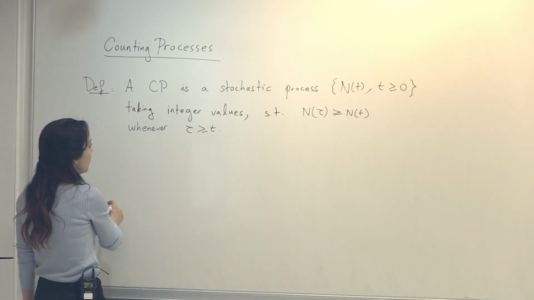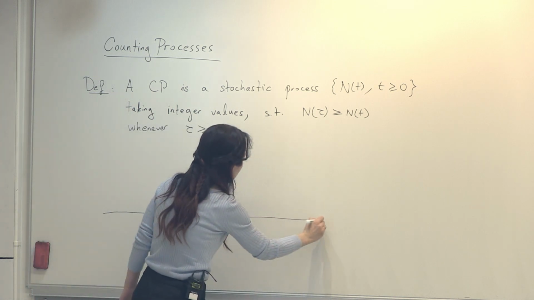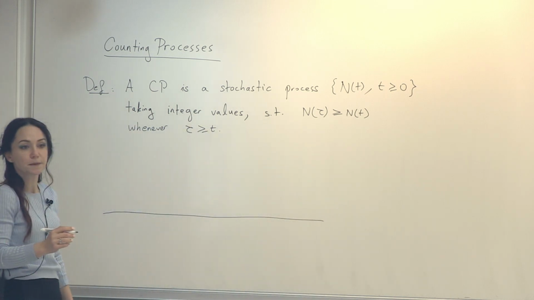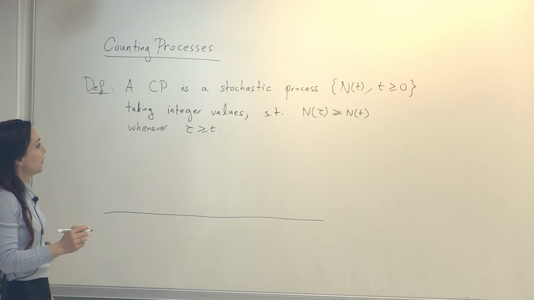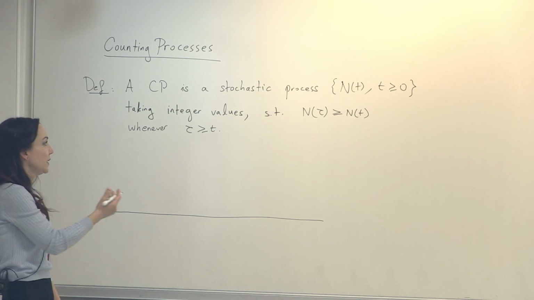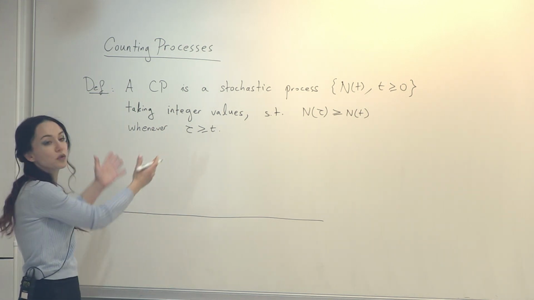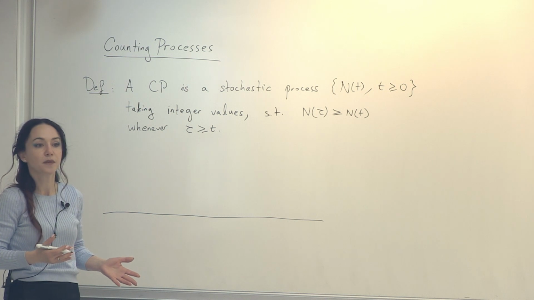Okay, so N of t essentially can increase by arbitrary integer values according to this definition, right?